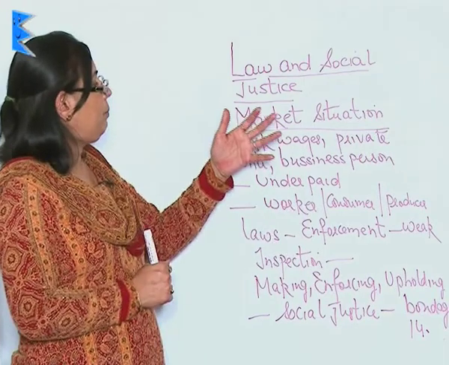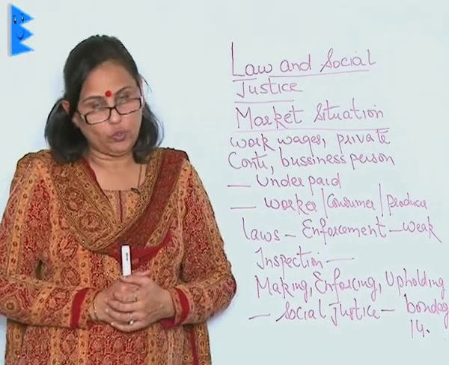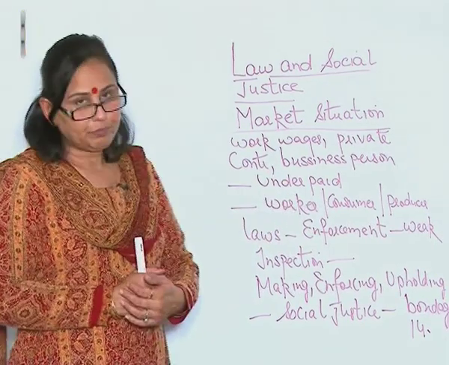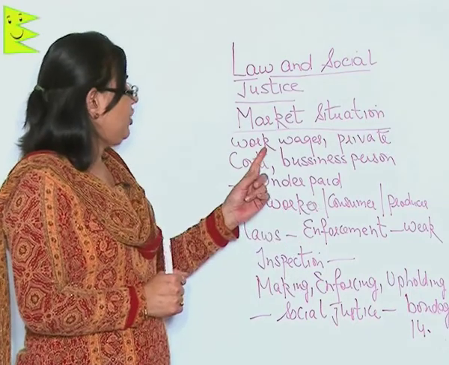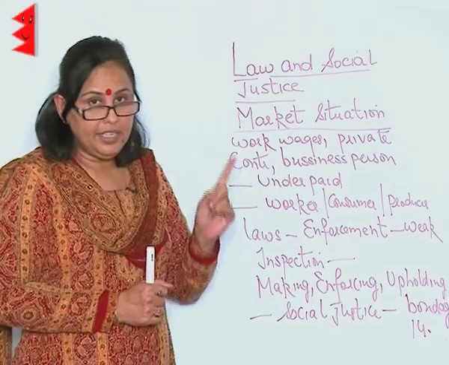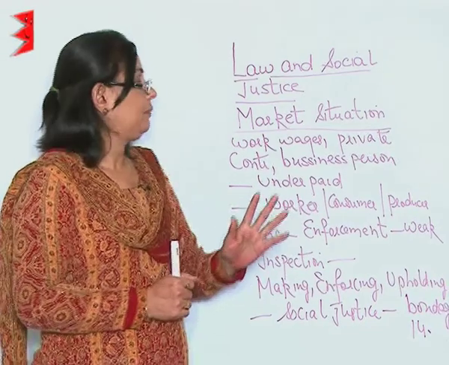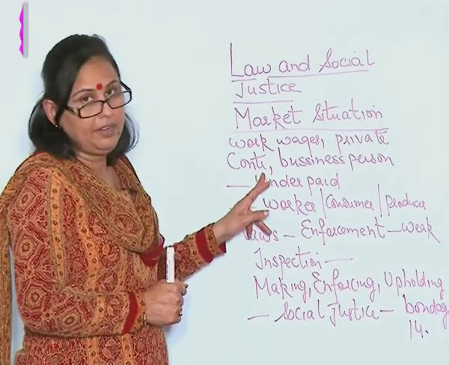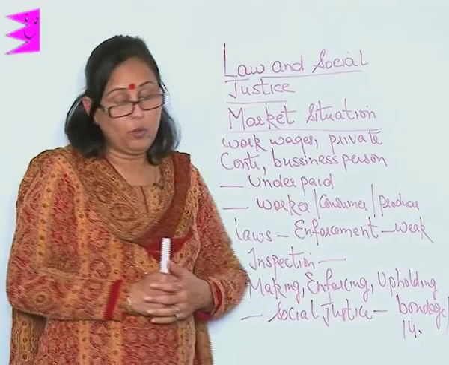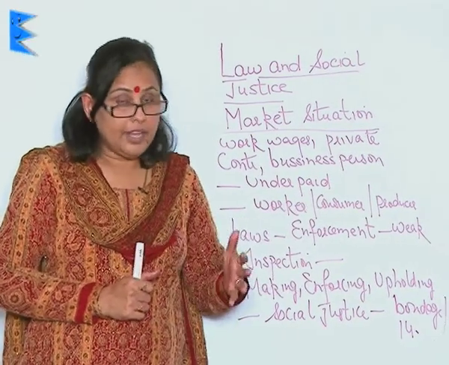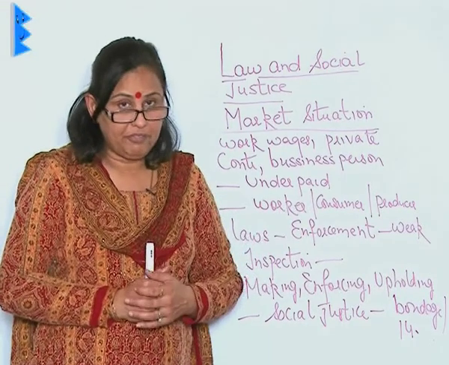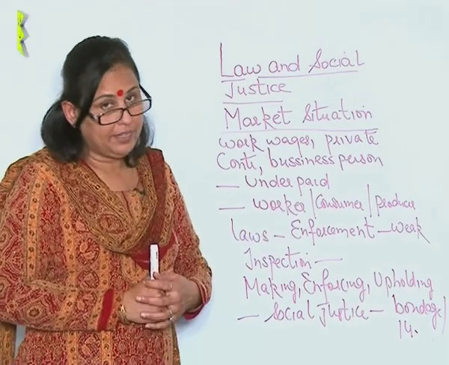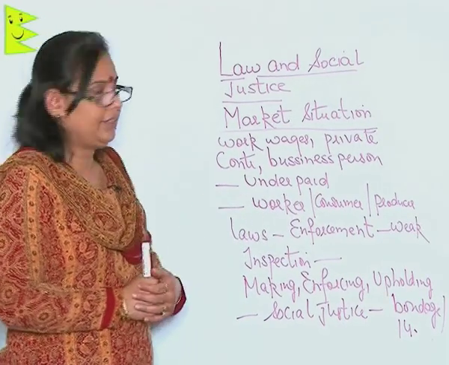Well, when we have to pick up a market situation in social justice, we will try to understand it in this manner: the wages of the workers need to be controlled and the private contractors have to be monitored, and the businessman who is just thinking of making more and more profit has to be kept under the law to see that he does not exploit others.